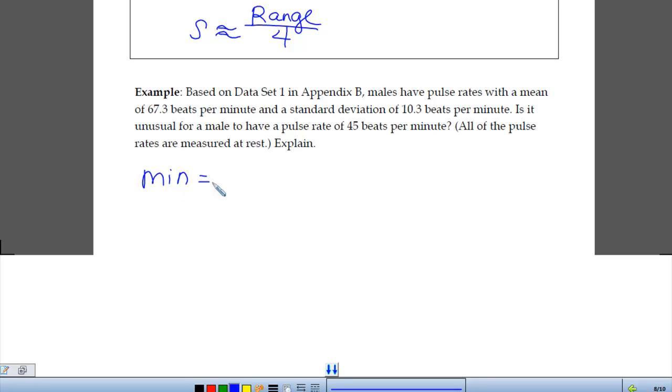So let's find out what the estimated minimum value is. X bar in this case was 67.3, and our standard deviation is 10.3. We do 67.3 minus 2 times 10.3. We turn our calculator on first, though. That helps.